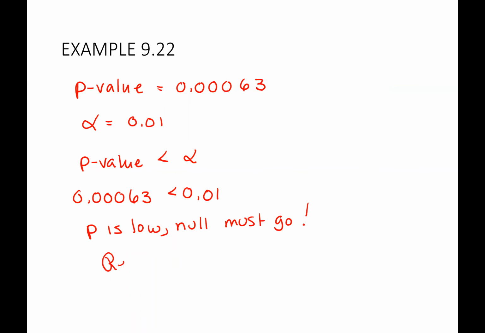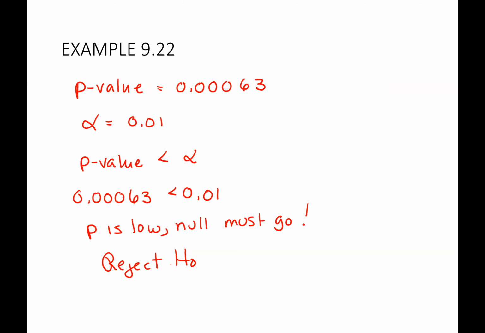So we're going to reject the null hypothesis. So we're going to say that there is sufficient evidence to say that the proportion of sexual assaults in this county is different than the national average.